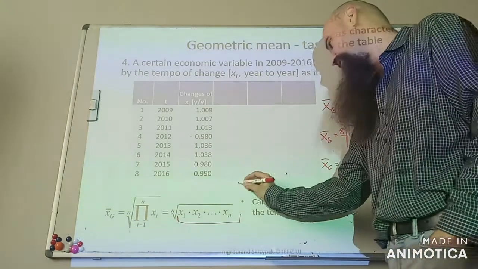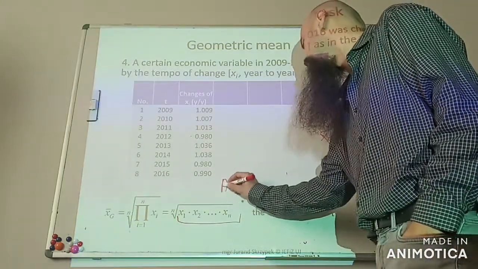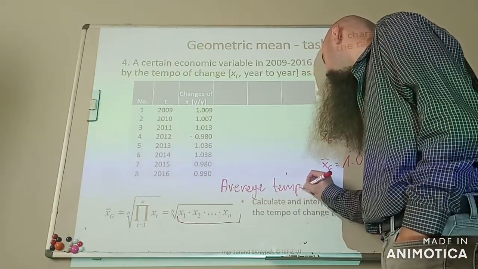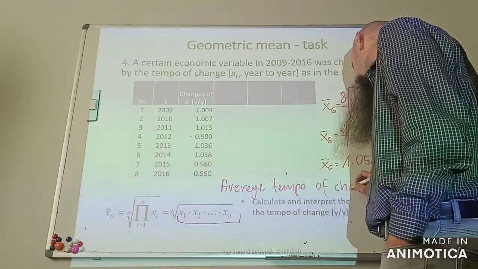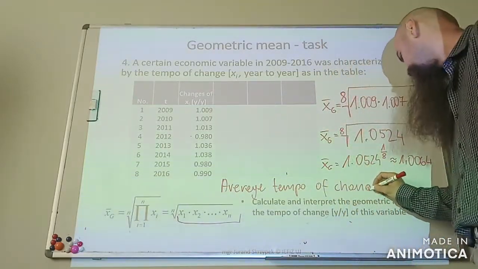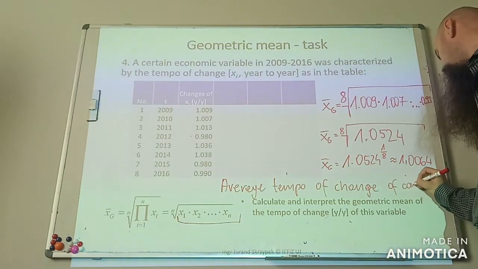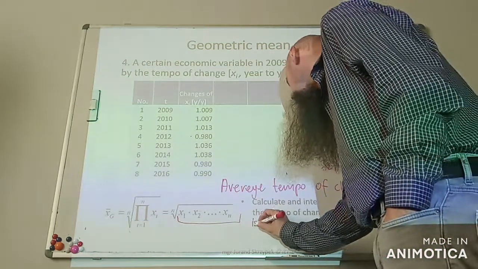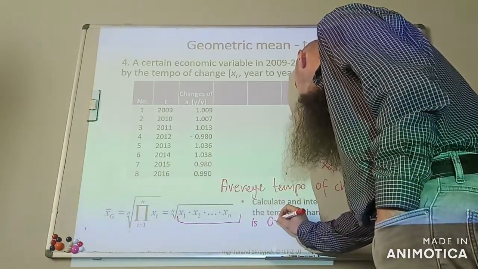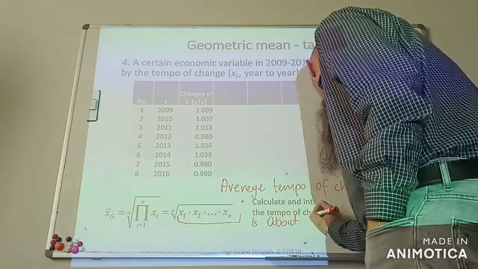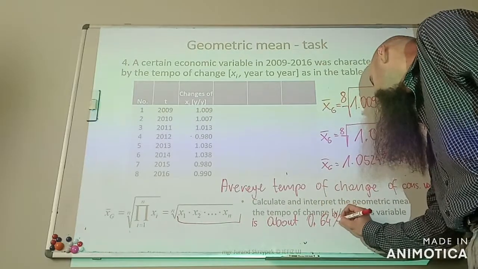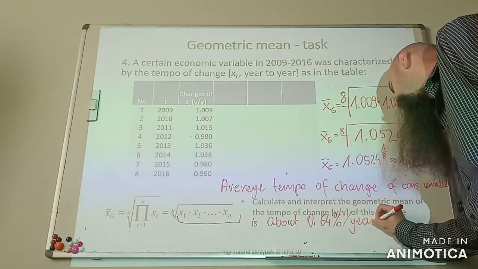So we can write down: the average tempo of change of the considered variable is about 0.64% per year.